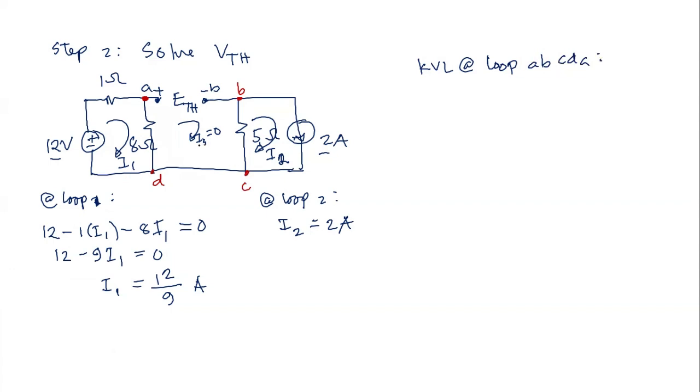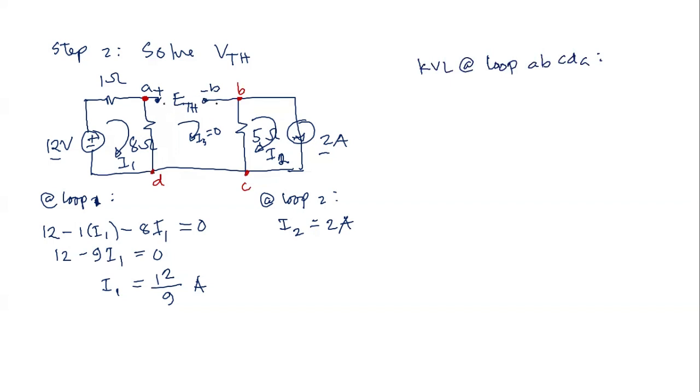The current in this loop, I3, is 0 because it is an open circuit. There is an open circuit in the loop, so there's no continuity of the current. So the current is equal to 0. But still there is a voltage available at the open circuited terminals.